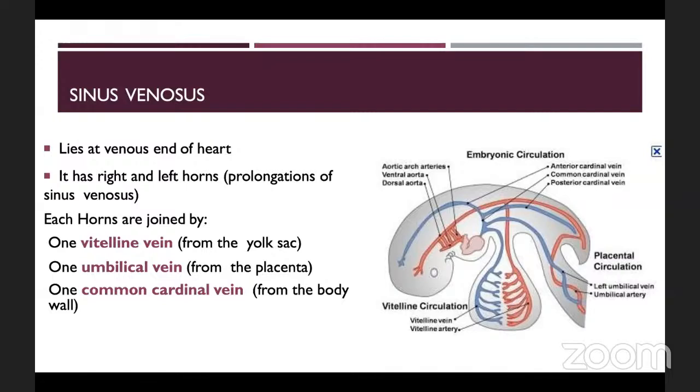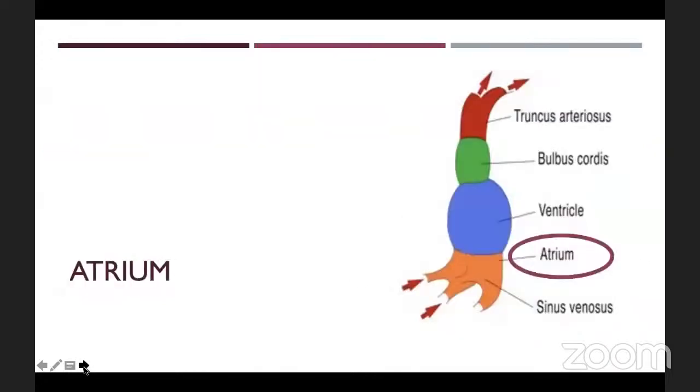Each horn is joined by the vitelline vein, this one, from the yolk sac, and the second one, the umbilical vein from the placenta, here. And the third one, which is the common cardinal vein from the body wall, this one, which is the joining of the posterior cardinal and the anterior cardinal, sorry.